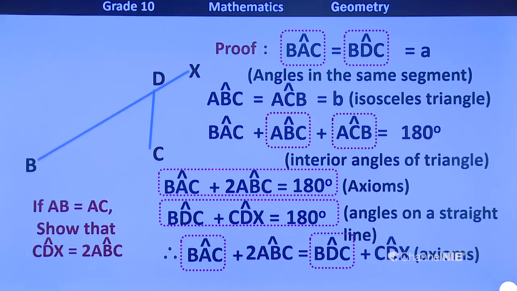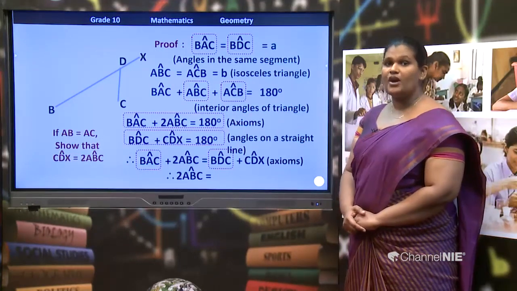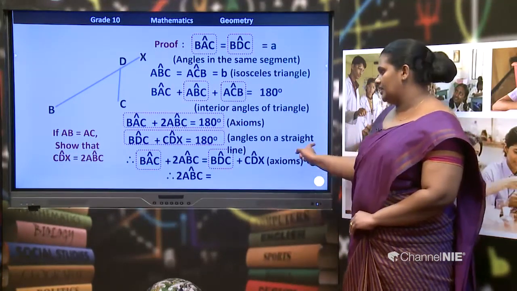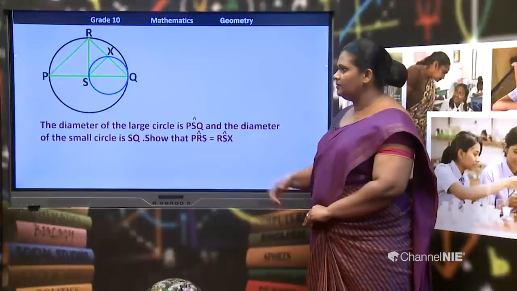Therefore, I can get a relationship and twice of angle ABC is equal to angle CDX. So, that is what they have asked us to find in our question. I got the relationship using the knowledge of axioms. Then that is the end of this question. So, we will move on to another question.